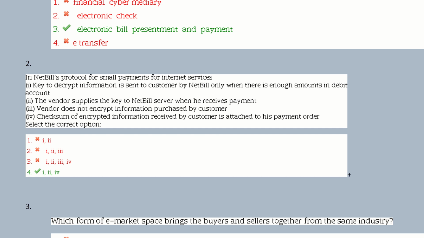Checksum of encrypted information received by customer is attached to his payment order. Select the correct options. So out of the given 4 options, which of the following options are correct? Option 1, 2 and 4 are correct. The third one is not correct. Let's see. The third one: vendor does not encrypt information purchased by customer. It's out of my syllabus.